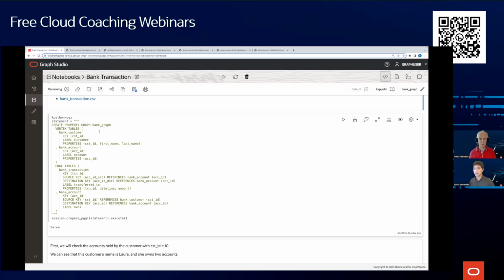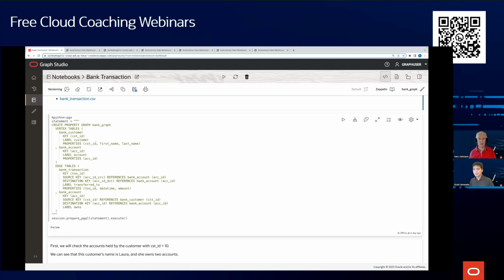As you can see, bank graph is the name of the graph, and you need to list the names of the tables, bank customer, bank account, for creating vertices. So these two tables are the data sources for creating vertices. One is vertices with customer type, with customer ID, first name and last name. And another type is account, and it doesn't have many properties here.